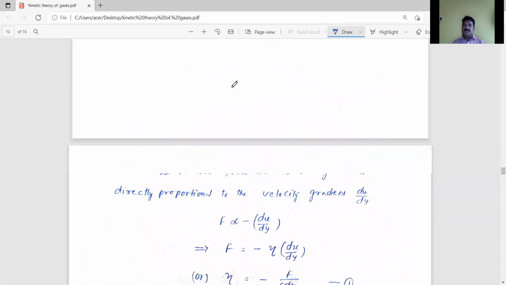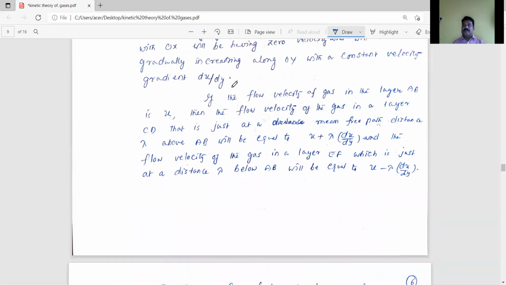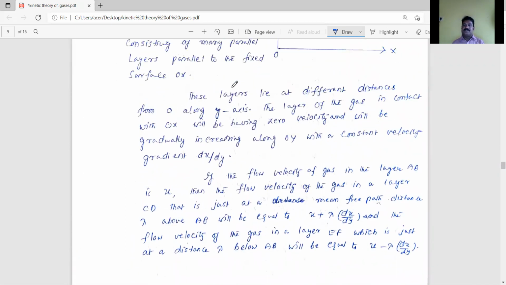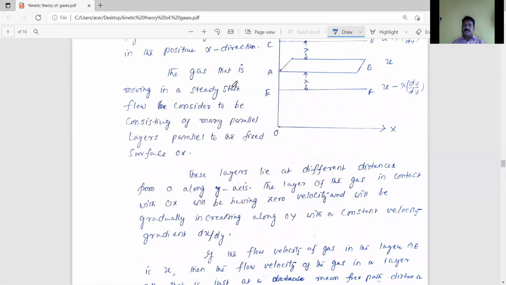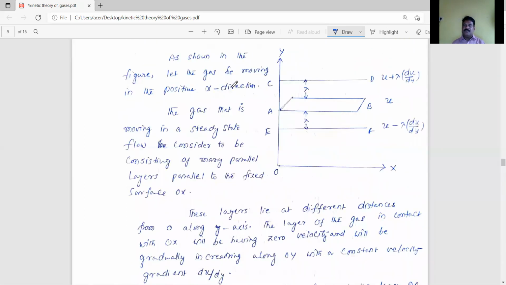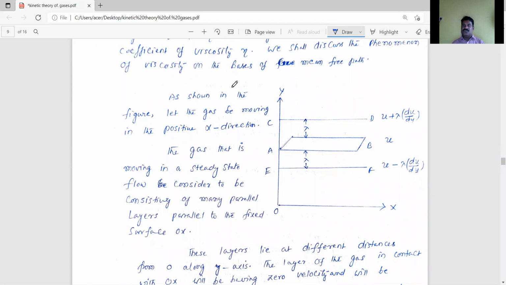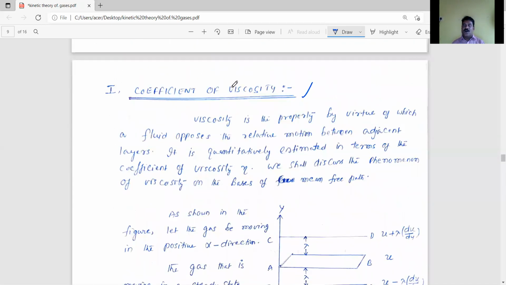Due to that, momentum may transfer from high velocity layers to low velocity layers. So because of that, viscous force will arise in between these layers. This force opposes the relative motion in between the layers.